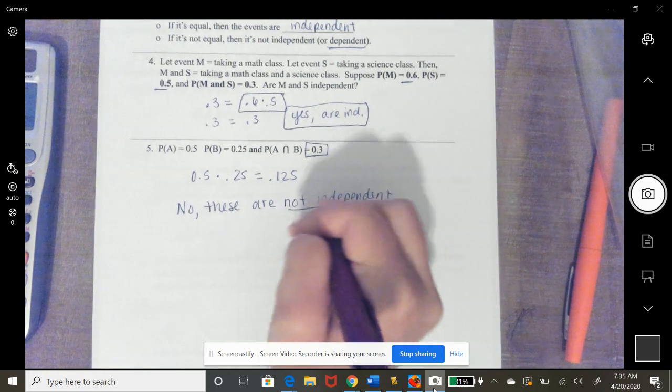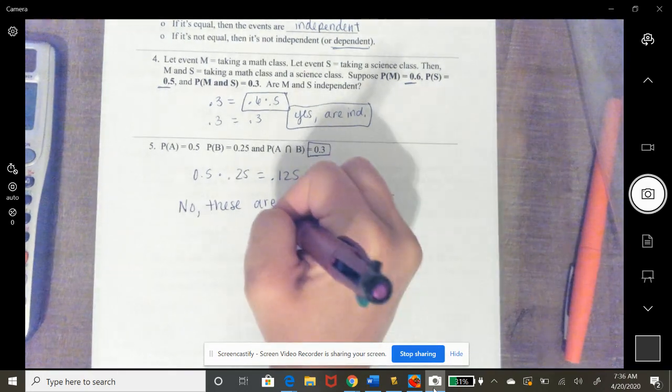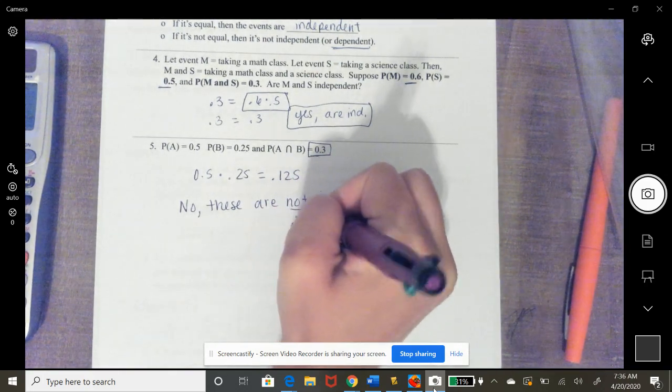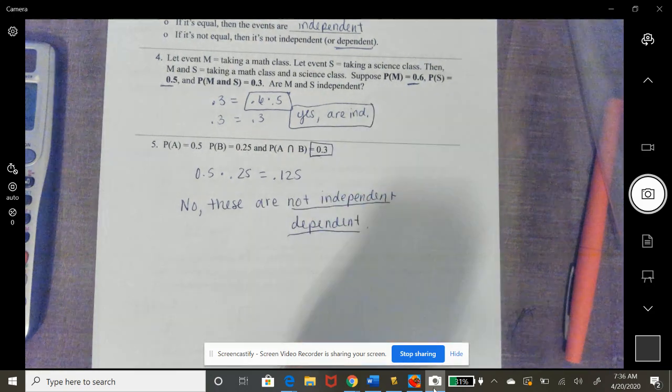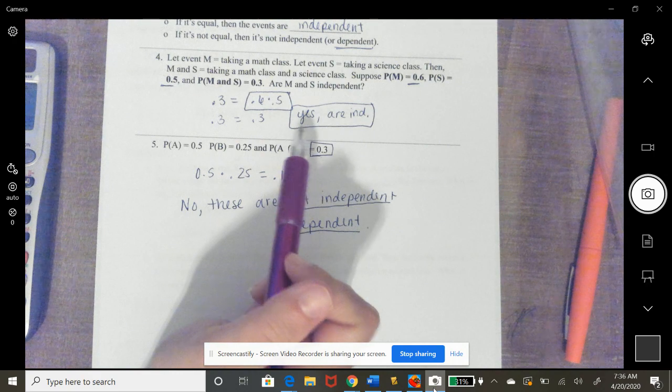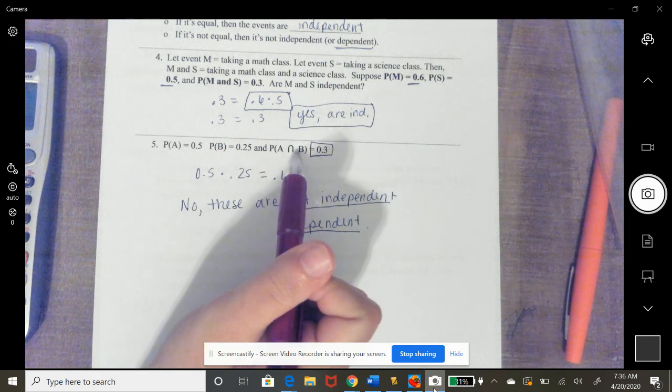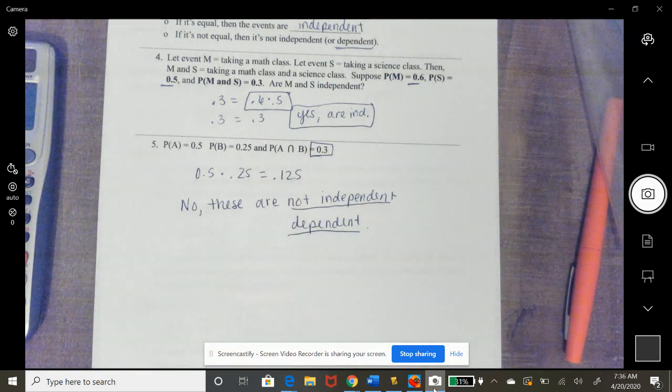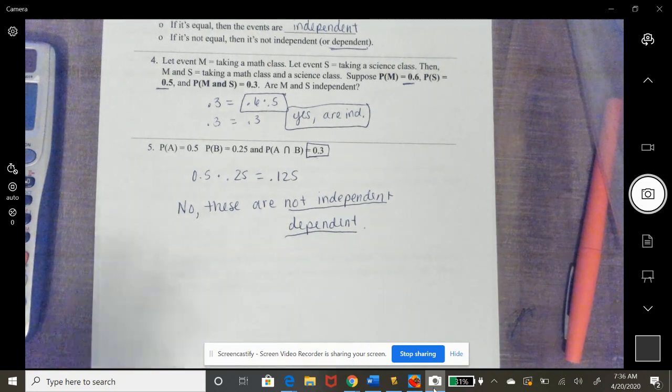You can either say they're not independent or you can call them dependent. Just multiply the two individual ones together, see if it equals that intersection or the and statement. That's all you have to do on those. So don't overthink them. Just follow that rule and see if they're equal to each other or not.